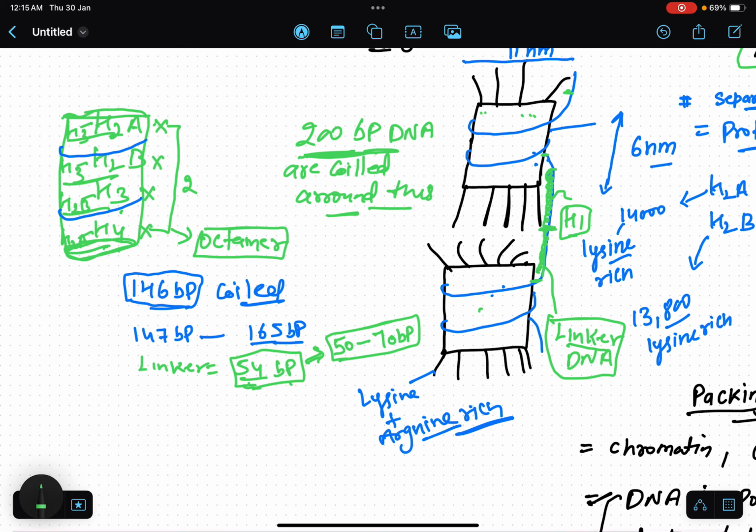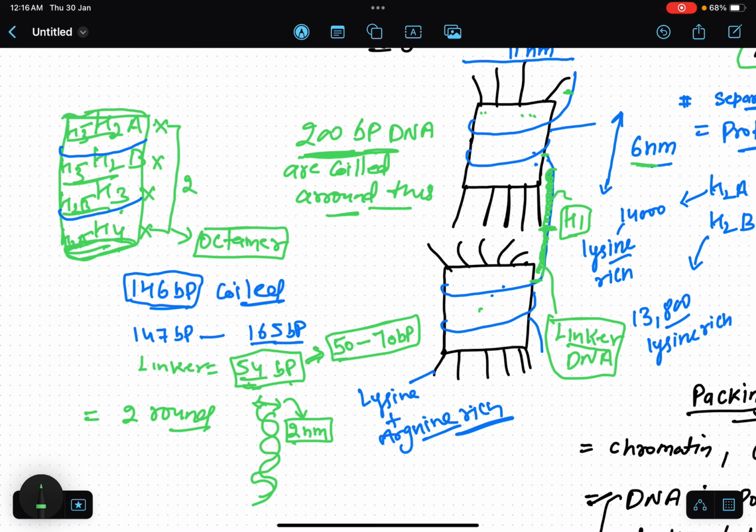Now what is the coiling? The DNA is coiled around only 2 rounds. That is 6 nanometer height. And previously we studied that the width of DNA is also 2 nanometer.